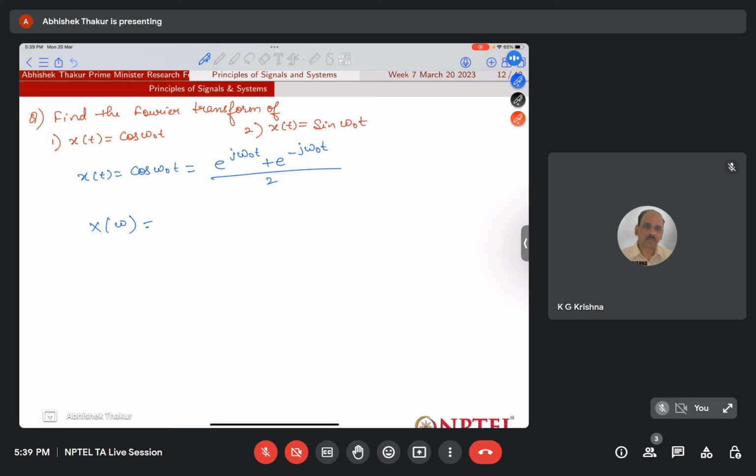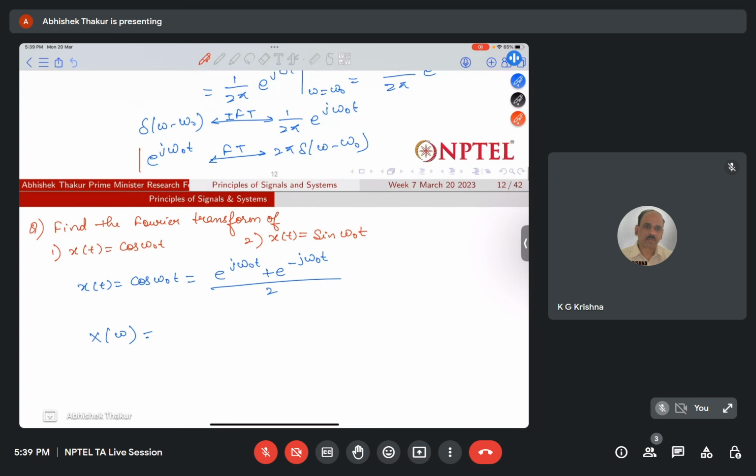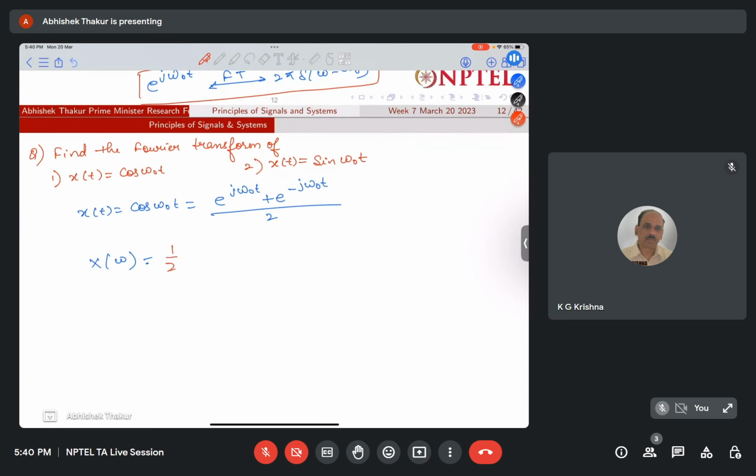So we have already seen here e to the power of j omega naught t. The Fourier transform of this is 2 pi del of omega minus omega naught. This will become 1 by 2, and this will become 1 by 2, e to the power of j omega naught t. That will become 2 pi del of omega minus omega naught plus 2 pi del of omega plus omega naught. So our x omega is equal to, here 2 and 2 will get cancelled, pi of del omega minus omega naught plus pi of del omega plus omega naught.